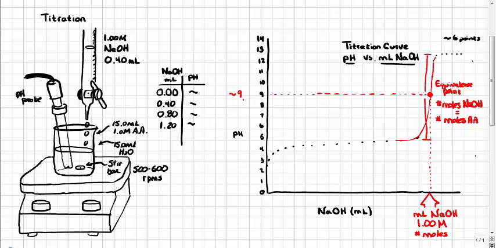Now, the next part of the graph is quite important, and that is this region right here. This is known as the buffering region. And the buffering region is a region where the pH changes slightly.